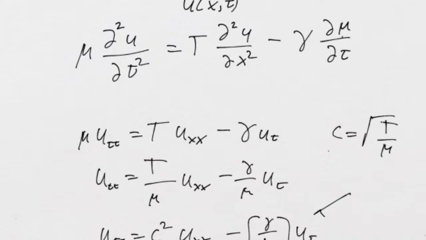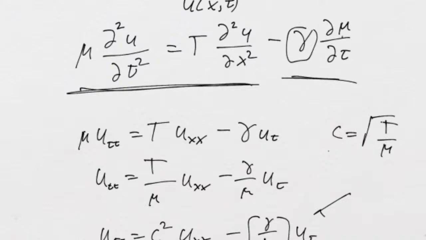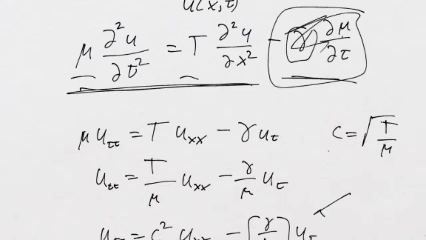Alternatively, we could have started with, when I was up here in the beginning, and I just added this term, the units of that gamma depend on the units of mu and tau. But had I not put that term on, and divided through by mu and called it c squared, and then said, by the way, we're going to take this subtractive term and put it on, now gamma has different units, and that's what this reflects.